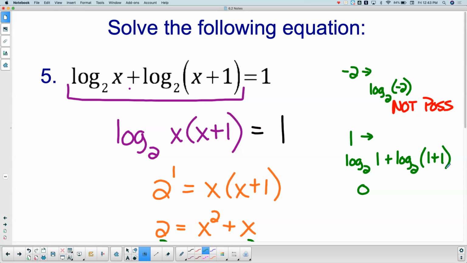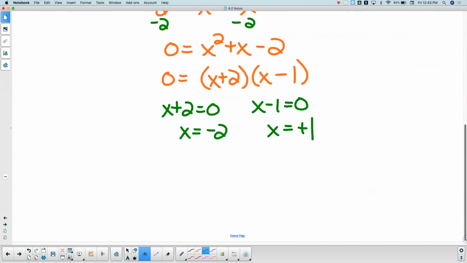Log base 2 of 2. What exponent do I have to put on 2 to get 2? 1. 0 plus 1 is 1, equal to 1. Checks out. So negative 2 got thrown out. So it's just x equals 1.